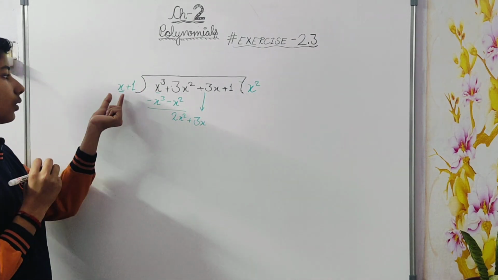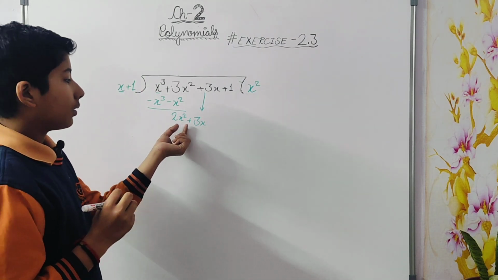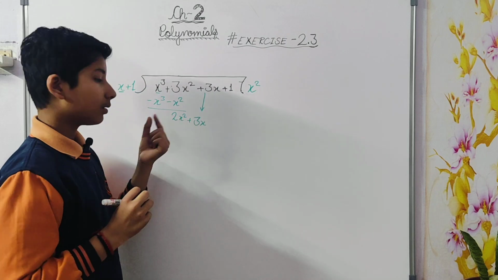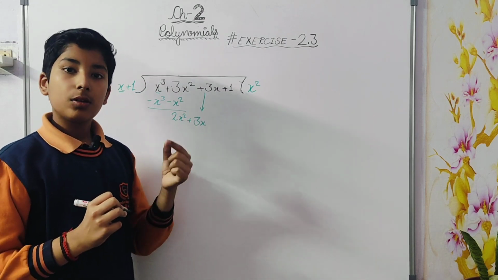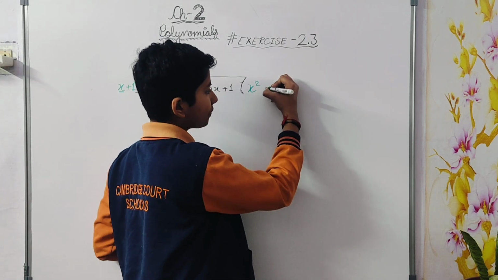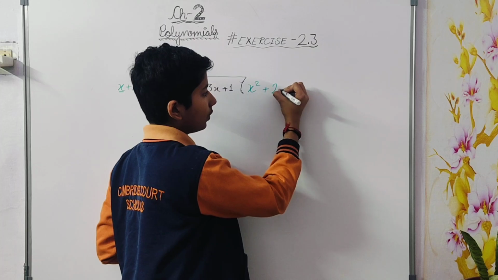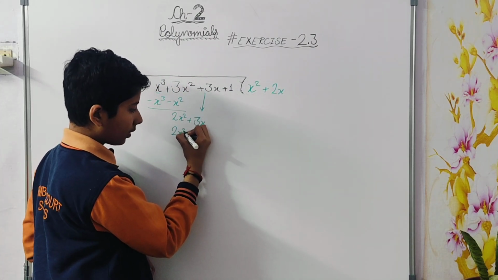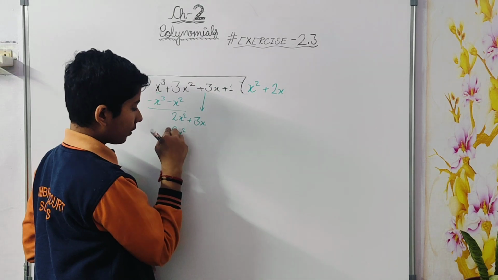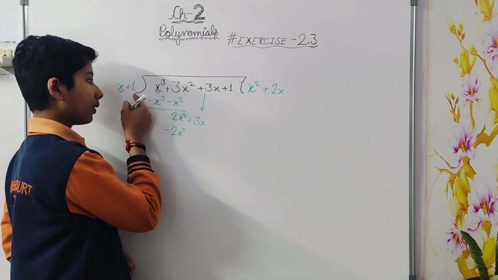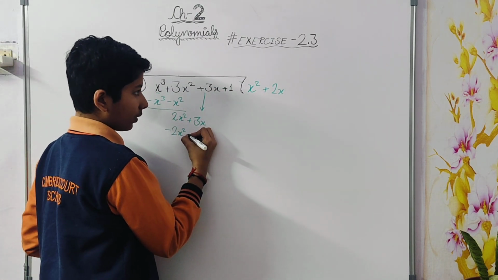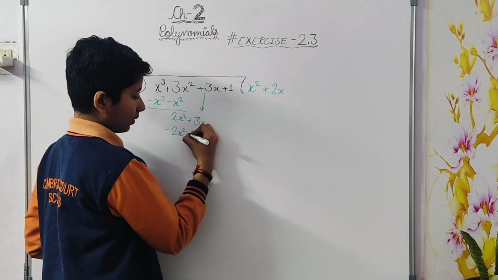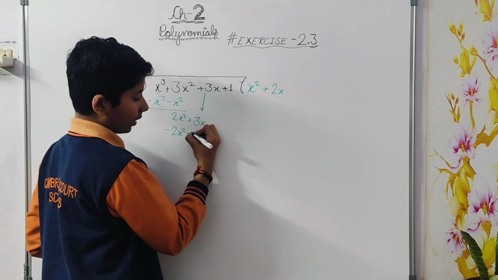3x. So to make 2x square, 2x is required. Positive 2x. Change the sign. Multiply 2x by 1, it will be 2x only, so the sign will again get changed.